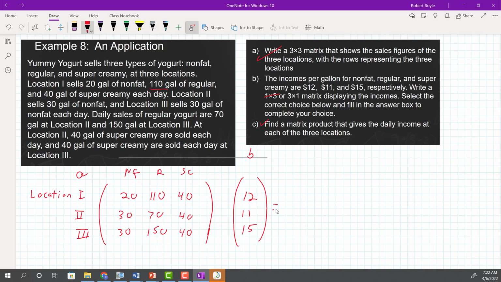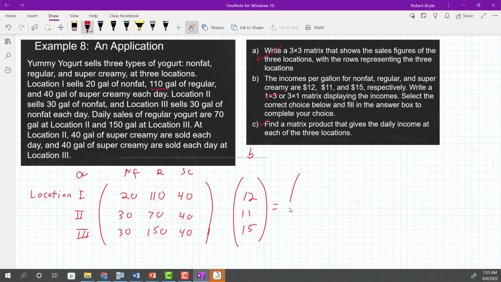So if we actually multiply this matrix by this matrix, we will get the daily income for location 1. The second element will be the daily income for location 2, and the third element will be the daily income for location 3.